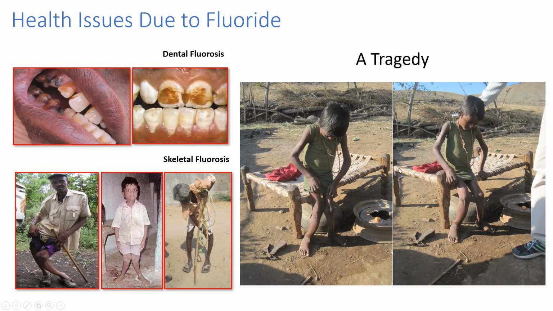So you can see these images. The right images that you can see were taken in Jhabua. These pictures were actually taken by me when we visited these places. And this is a boy. He was not able to even sit properly, not even able to walk. He was just lying on the ground.